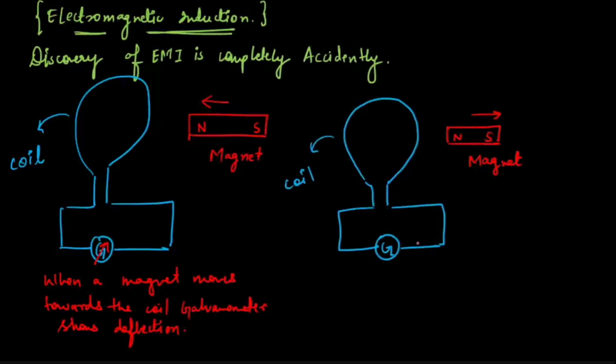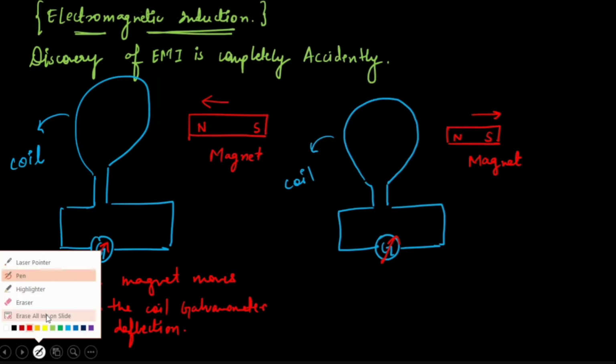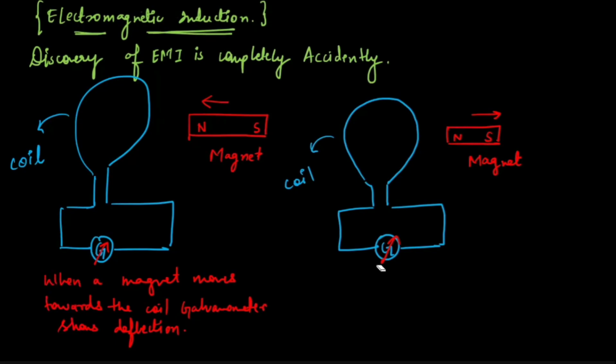Again, he observed that due to the motion of this magnet going away from it, there is a deflection in the needle. But that deflection is now in the opposite direction, like this.